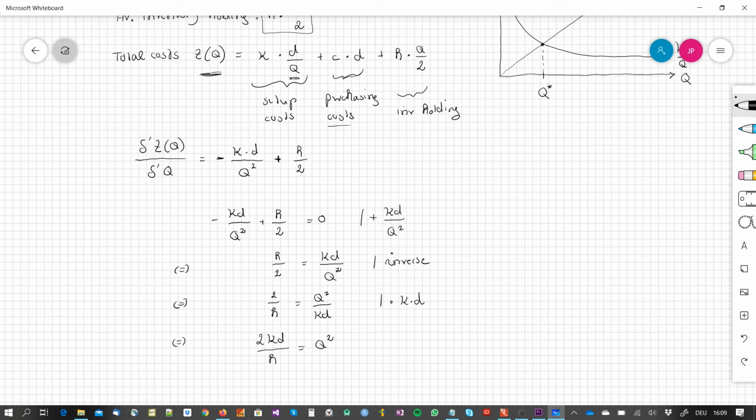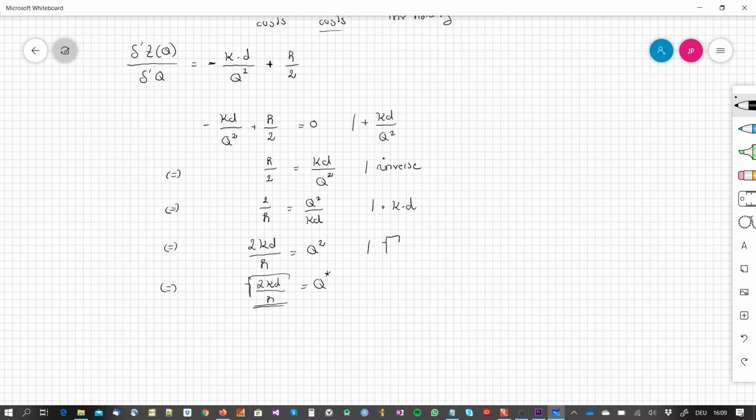And to get rid of the exponent, we take the square root. And we get the optimal order quantity given by the square root. So this now gives us the answer to how much to order.